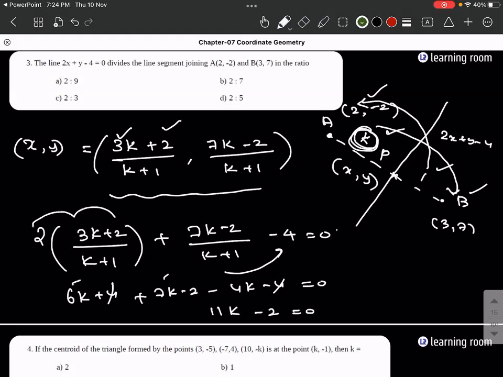So 6k plus 4, plus 7k minus 2, minus 4k minus 4. So 6 plus 7, 13, minus 4 is 9. Sorry, 9k minus 2 is 0, which implies k is equal to 2 by 9. So that is the answer, because the ratio is k is to 1. I hope you understood. So 2 is to 9. Yes, sir.